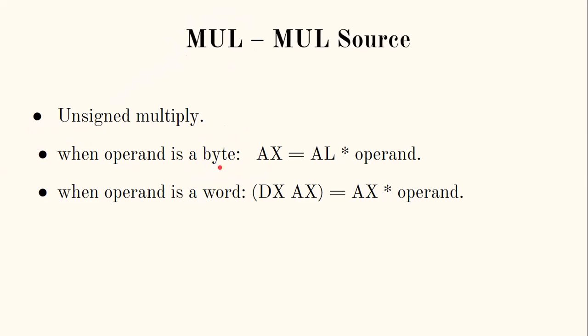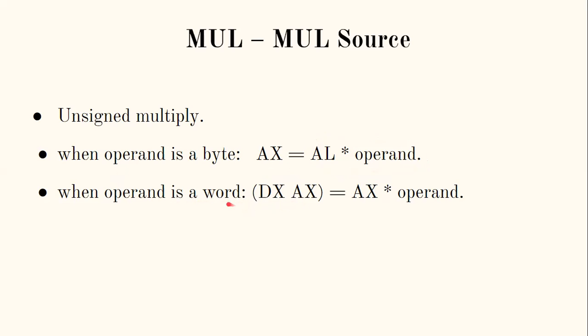and when we want to perform the multiplication of two 8-bit numbers, in that case, one of the operands should be stored in the AL register and the second operand can be specified in the instruction as an immediate number or as the content of a register or as the content of a memory location. And whenever this multiplication operation is performed, the 16-bit result which is obtained is stored in the register AX.